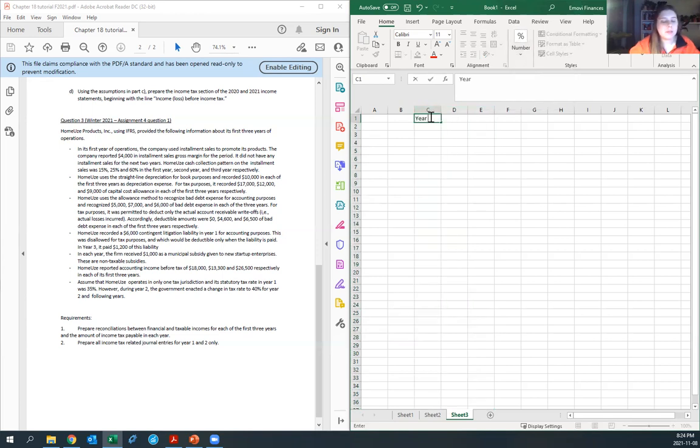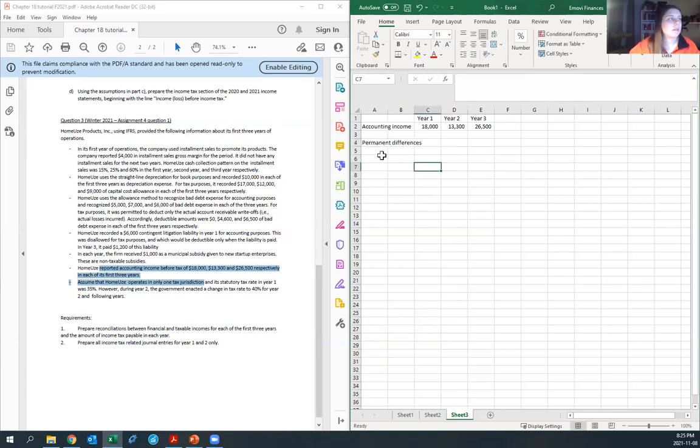So I'm going to set up year 1, year 2, and year 3. Always start with your accounting income. Here they said that the income before tax was $18,000 for year one, $13,300 for year two, and $26,500 for year three. Then we want to look for permanent differences.